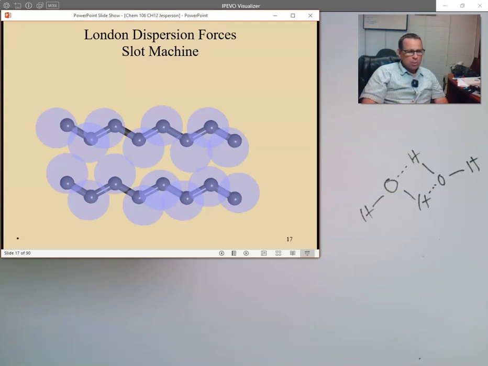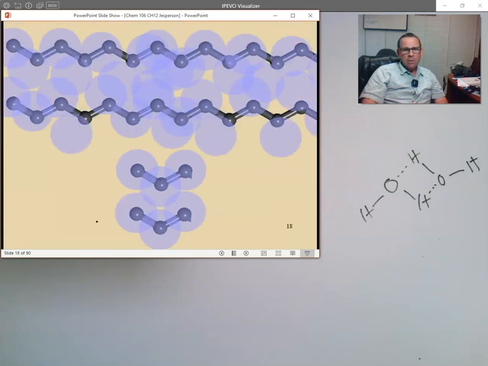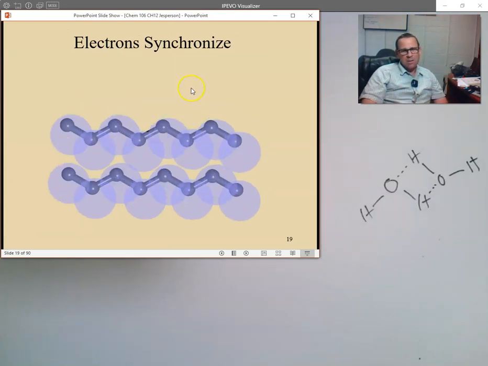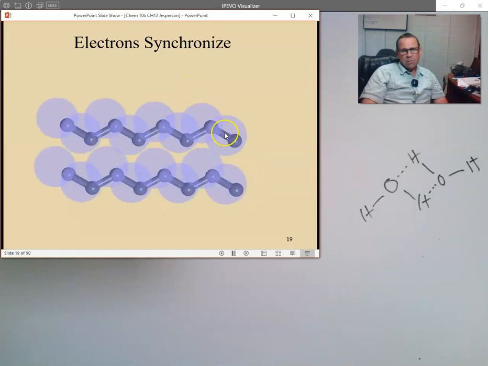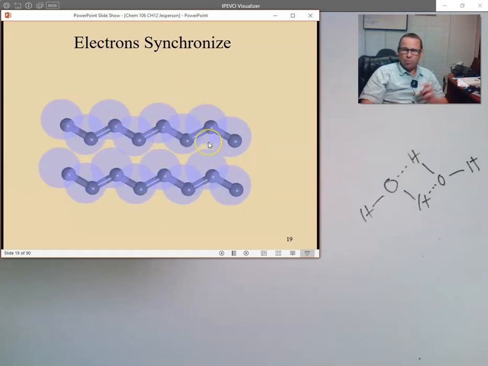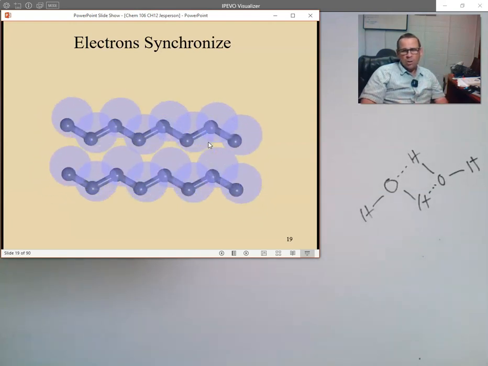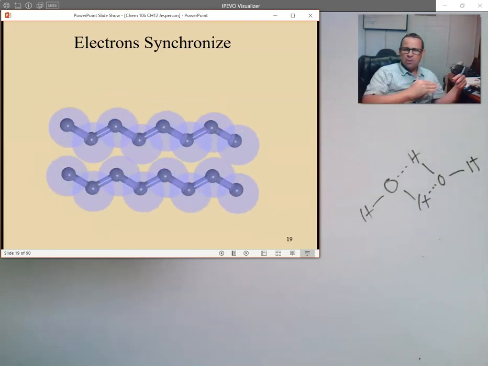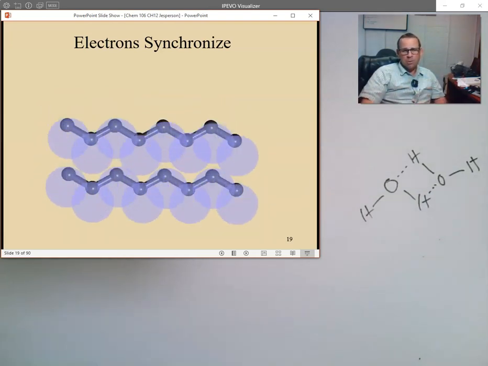Okay, so essentially what we're saying here is, to a degree, those London forces can be caused by the fact that they're moving. In fact, we get something called electrons synchronizing with each other. Now, this is an exaggeration, but essentially what happens is you get multiple molecules behaving kind of like one in terms of the motion of their electron density, because as they move, they influence the movement of their neighboring molecules.